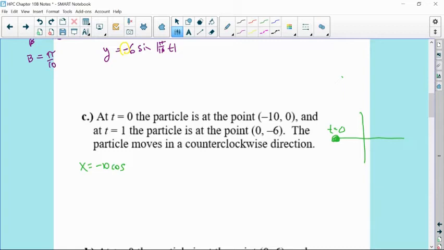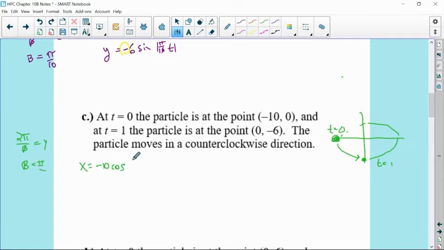Okay. Now, at time equals 1, the particle is at the point (0, -6). So now I'm down here. Time equals 1. And in what direction are we moving? Counterclockwise. Good. So 1 second to get there. Again, assuming uniform speed, 2 seconds, 3 seconds, and then 4 seconds. So it's taking us 4 seconds to travel this path. Remember, 2 pi over b is equal to 4. So that means b has to be pi over 2.